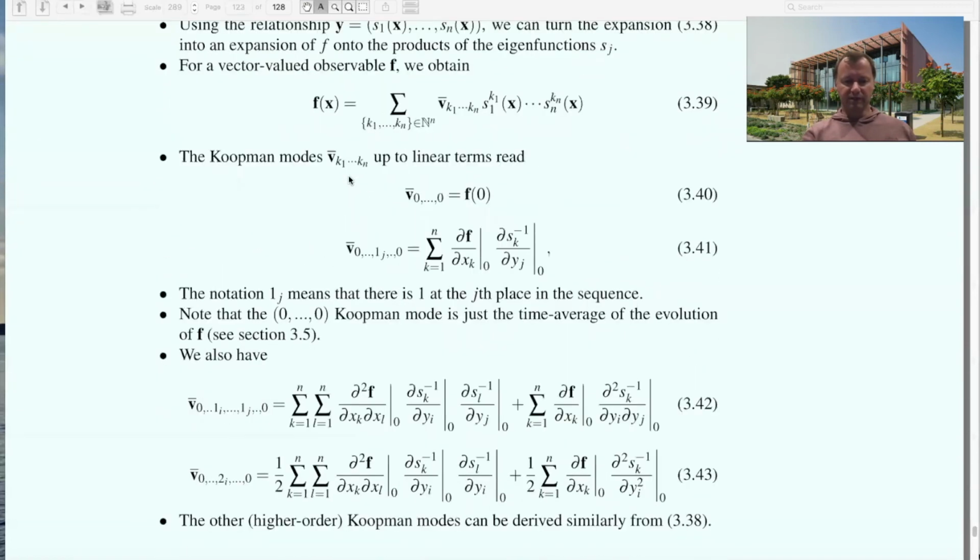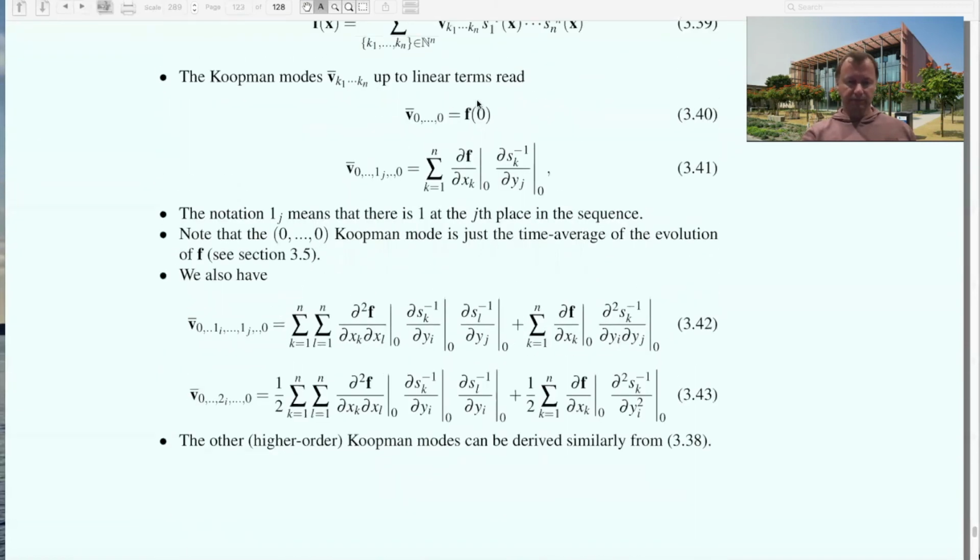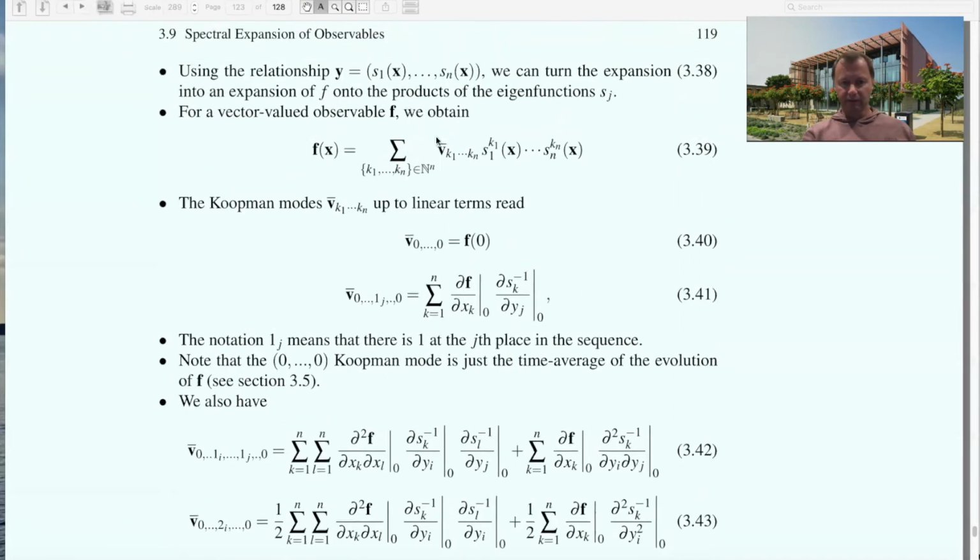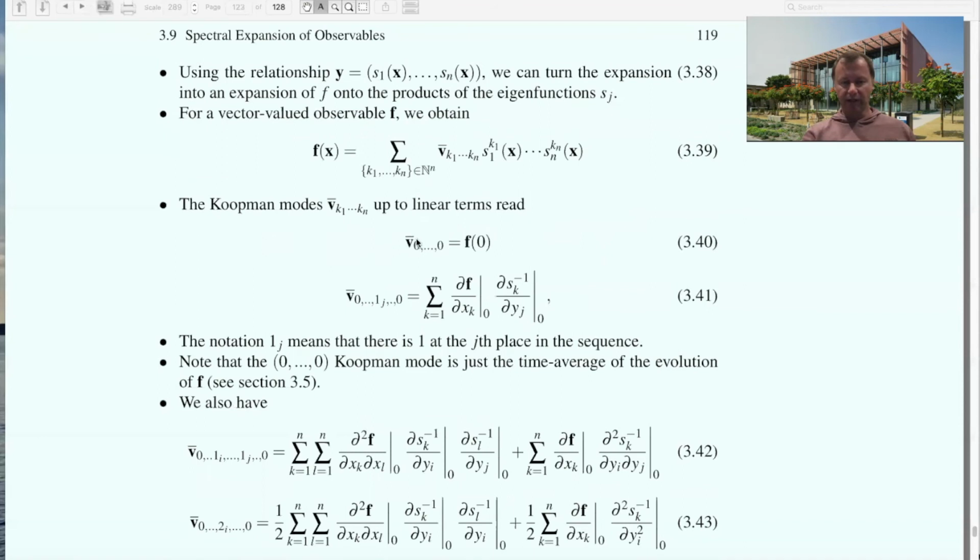And that boldface F at 0 is precisely V bar, where these coefficients K1 to Kn are just 0. That's the first order coefficient. And that indeed is, if you remember from before, the value of F at 0, which is also the time average of F that the system is seeing.